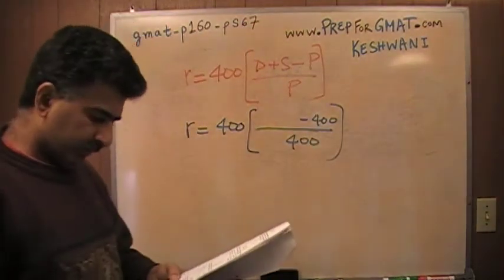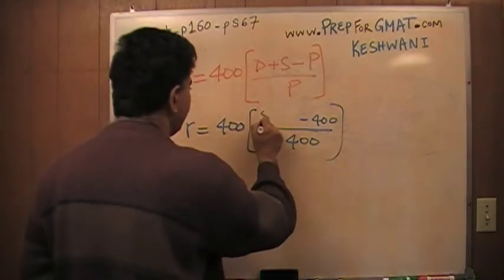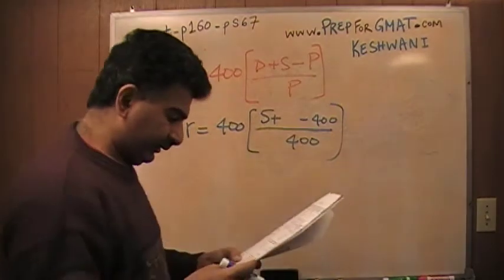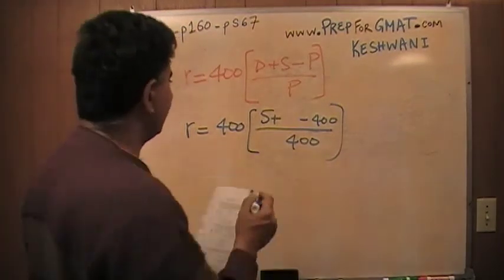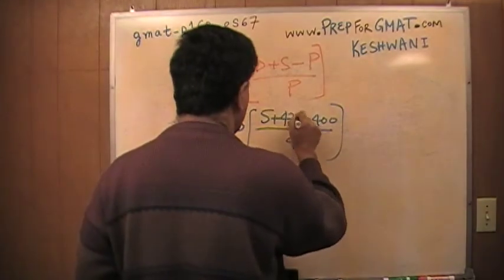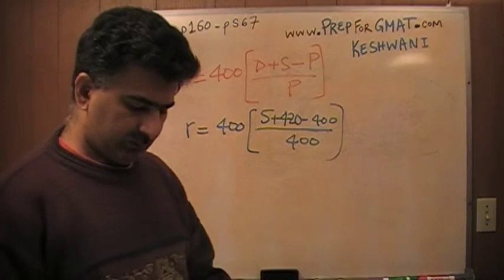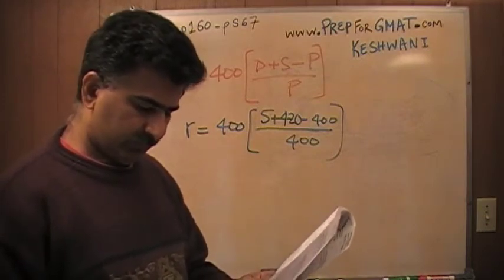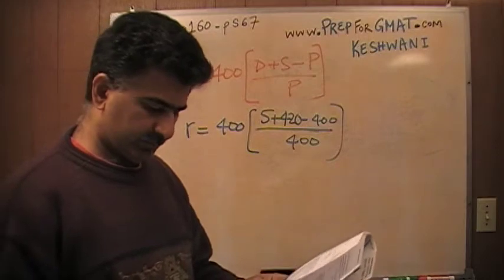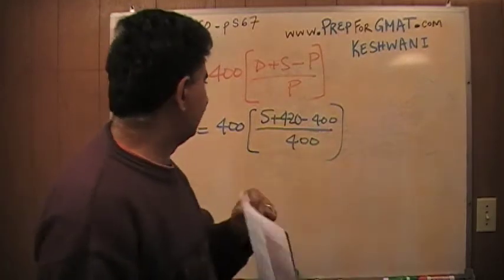What did she receive in dividends? She received a dividend of $5. And what did she sell it for? She sold it for $420. What was the yield on her investment according to the formula? Assume that she paid no commissions. Well, that's very nice. That's all. But let's find out.